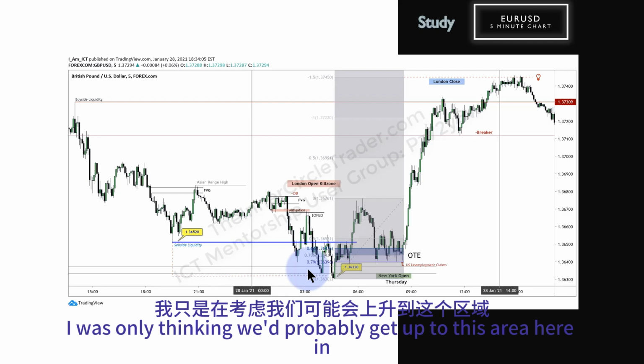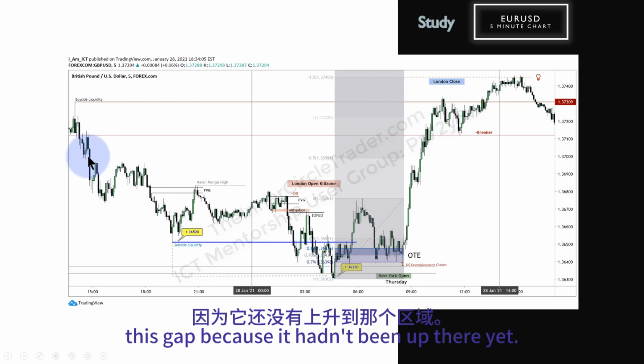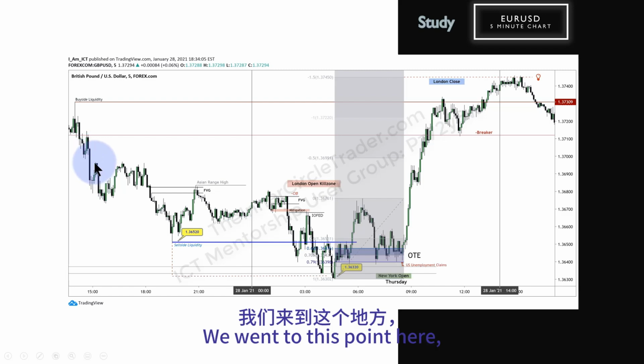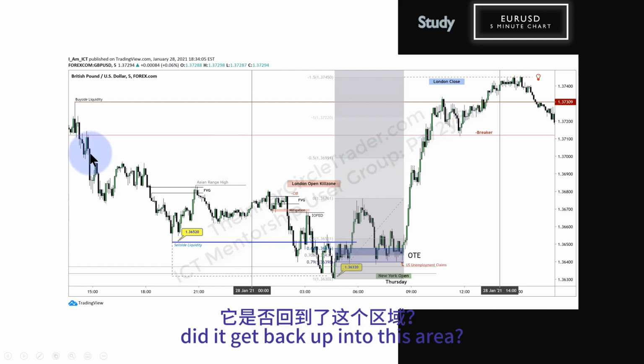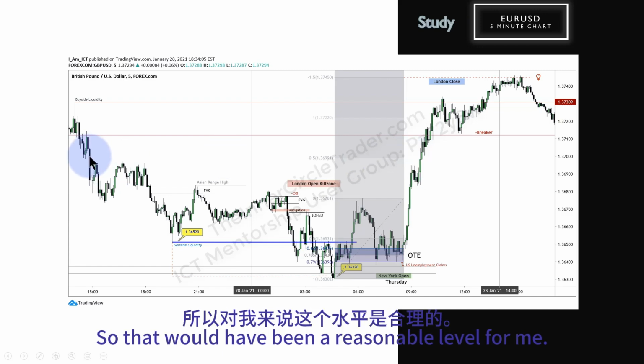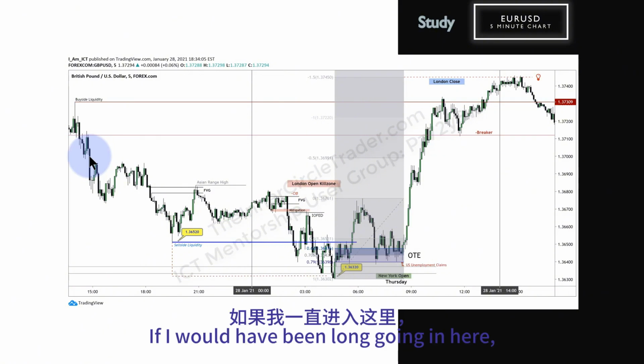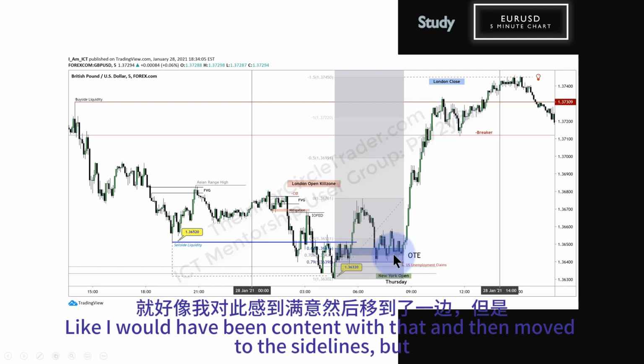Now, in full disclosure, I was only thinking we would probably get up to this area here in this gap because it hadn't been up there yet. We went to this point here, didn't get to it here, and not until here did it get back up into this area. So that would have been a reasonable level for me. If I would have been long going in here, that would have been enough for me. I would have been content with that and then moved to the sidelines.